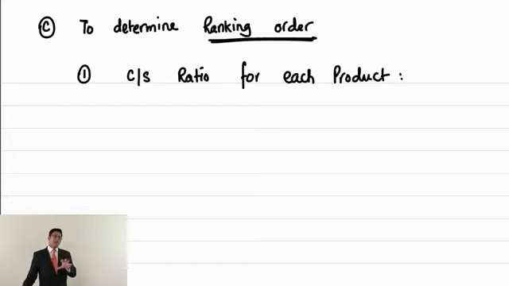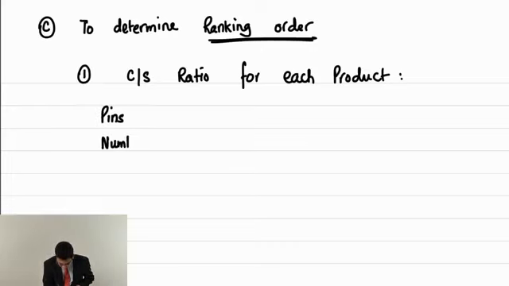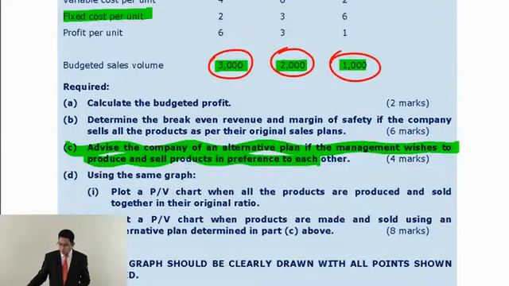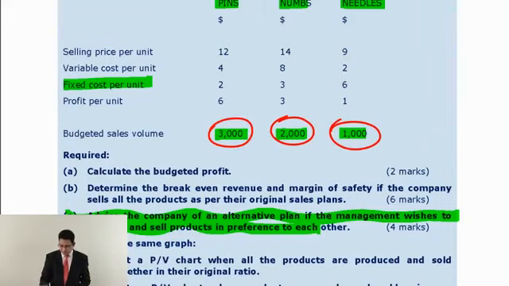This time not combined or weighted average, but for individual product. Like this. There are 3 products: pins, nums, and needles. Okay, and we've seen the contribution and all data of the 3 products anyway.